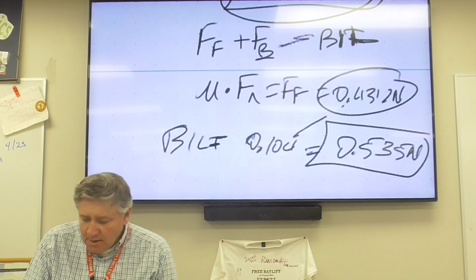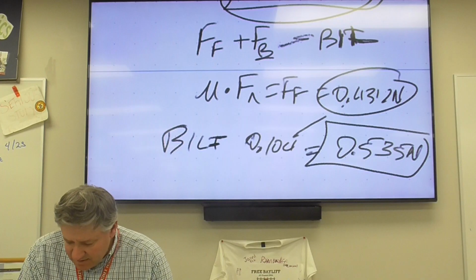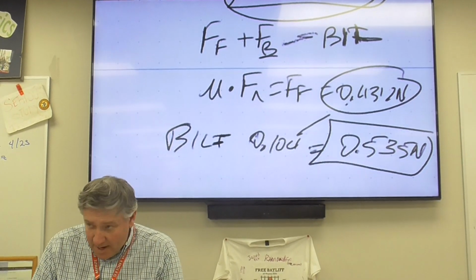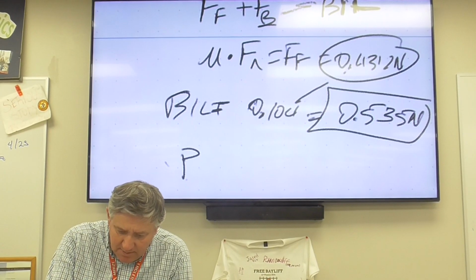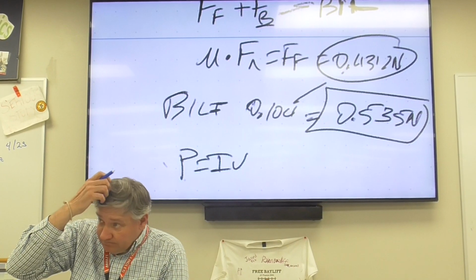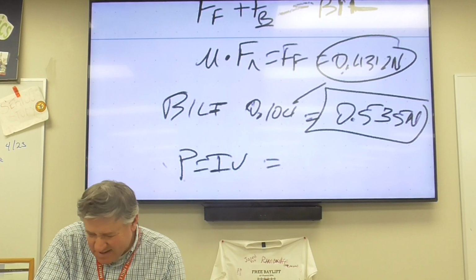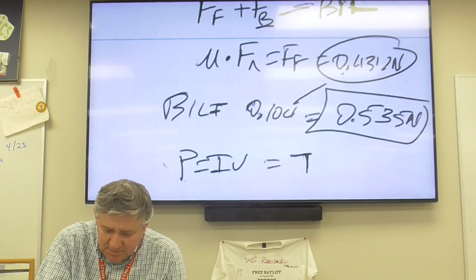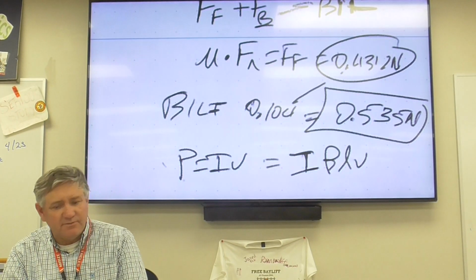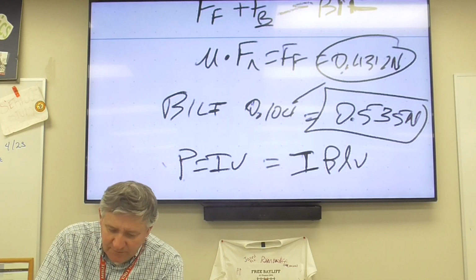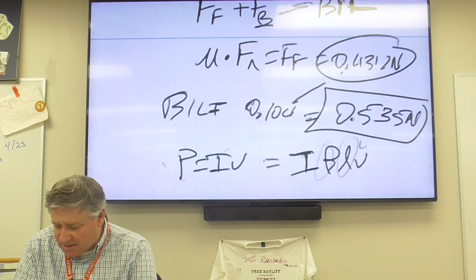Now, C says calculate the energy dissipated in the resistor in 2 seconds, which means you've got to find the power. One option is that you could use P equals I squared R. Or, if you wanted to, you could use I times V, because your voltage is going to be the magnetic field times your length times your velocity.